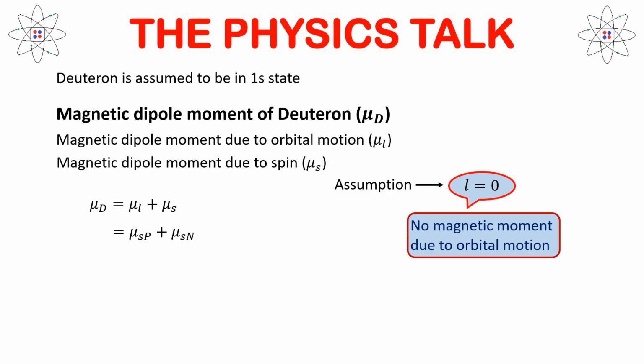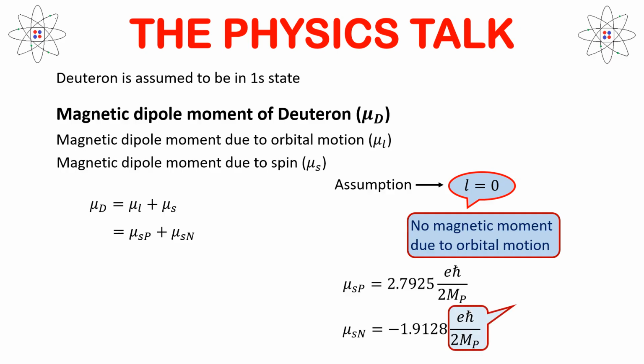The magnetic moments of proton and neutron are known. Moment for proton is 2.7925 eħ divided by twice mp, where mp is the mass of proton, and moment of neutron is minus 1.912 eħ by twice mp. eħ by twice mp is treated as a unit of magnetic moment called nuclear magneton.